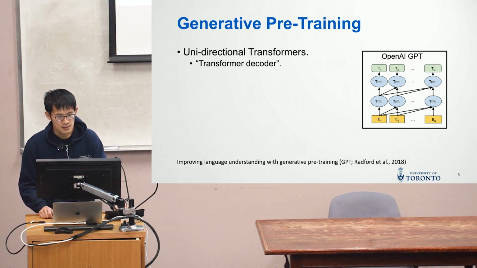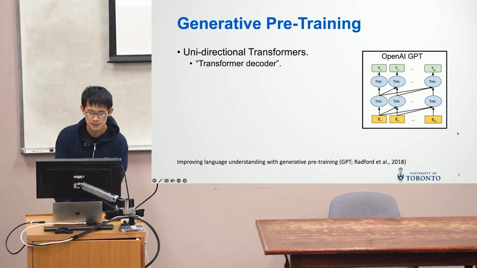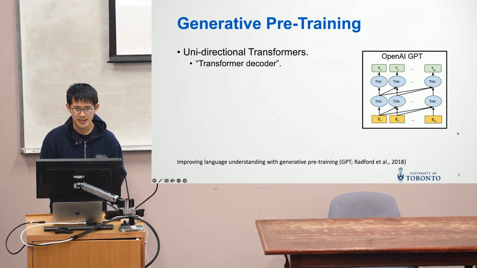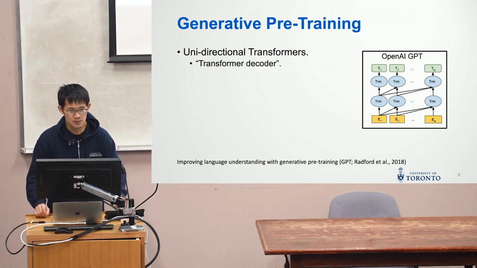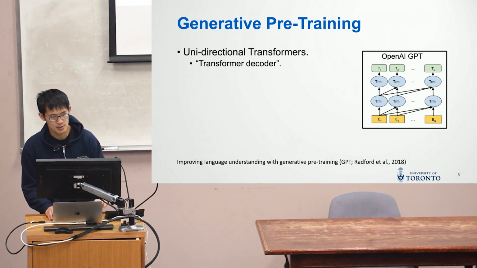So this architecture is the overall architecture that was masked in that slide. The left-hand side of the transformer is the transformer encoder, which was used in the BERT model, but the transformer decoder was used in GPT models.